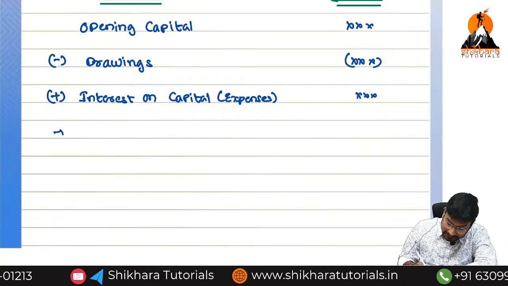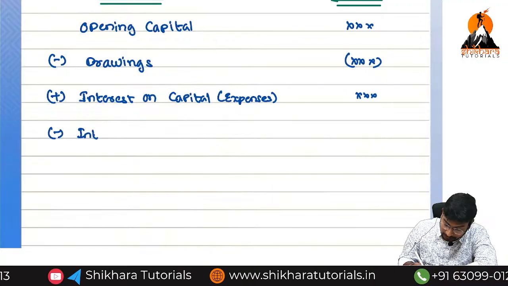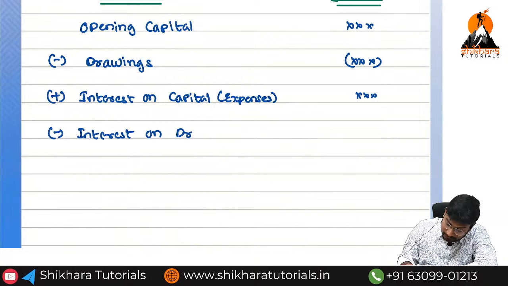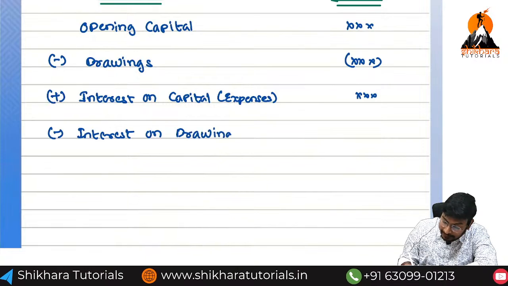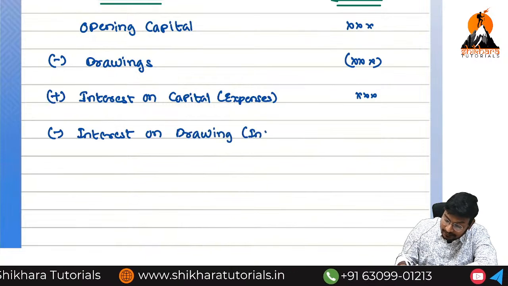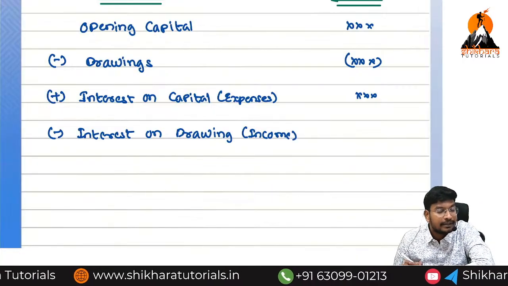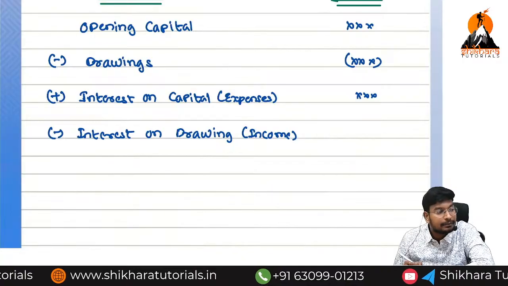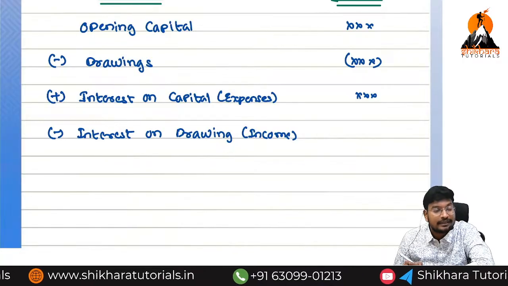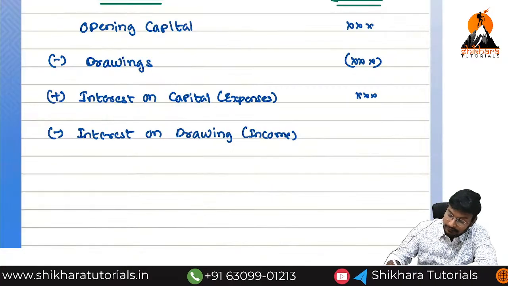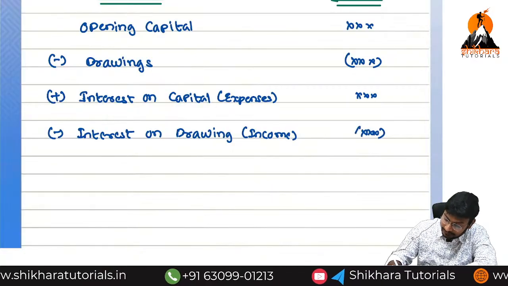Next, minus interest on drawings. Interest on drawings, income or expenses? Income. Who will repay to us? The owner needs to repay the drawings and the interest on drawings. For that reason we are reducing the capital.